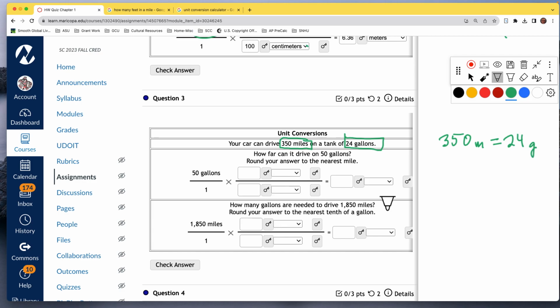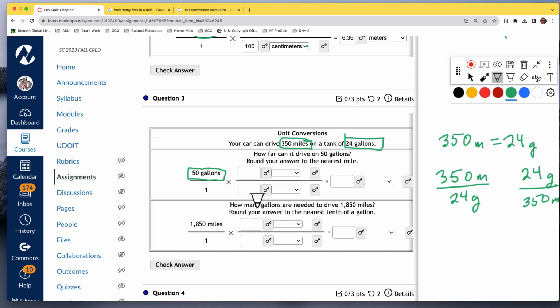So again, using the conversion factor way, this gives us two fractions: 350 miles divided by 24 gallons, or 24 gallons divided by 350 miles. And remember, when we look at what we're doing, we always want to divide out what we're starting with.